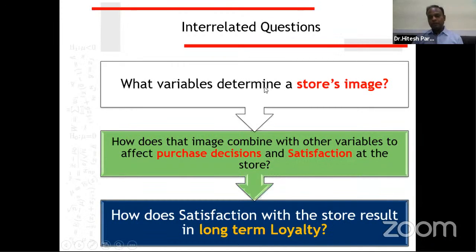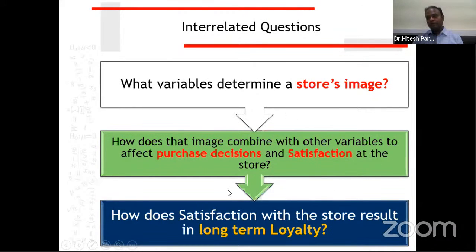So the store's image is now affecting the purchase decisions and satisfaction. We need to link the store's image with purchase decisions, and store's image with satisfaction. So satisfaction is dependent, purchase decision is also dependent, and store's image is independent.